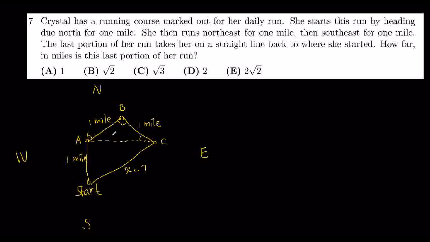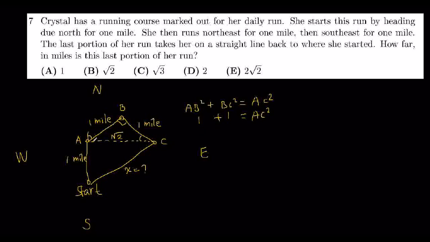So we know this distance AC would be square root 2, because AB squared plus BC squared has to be AC squared, which is a 1 and a 1 here. So it has to be square root 2.